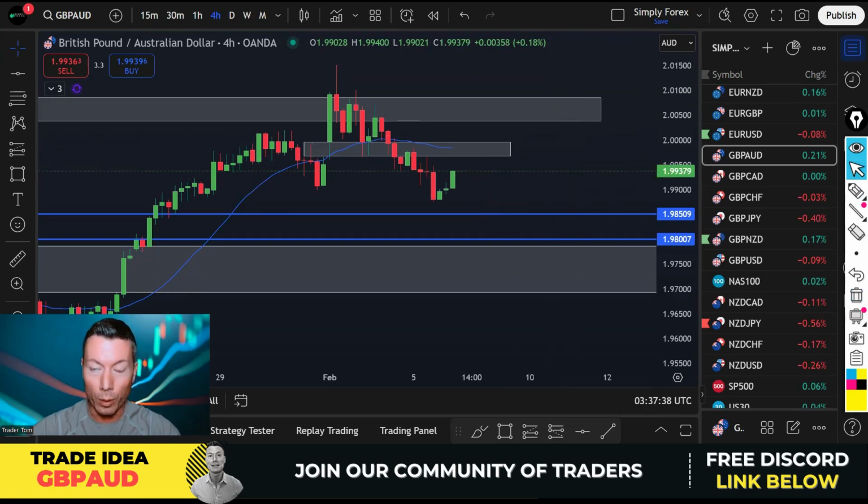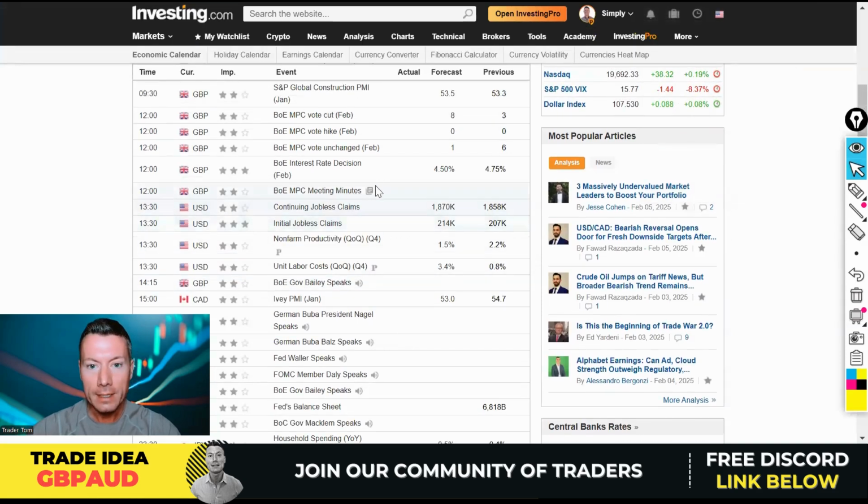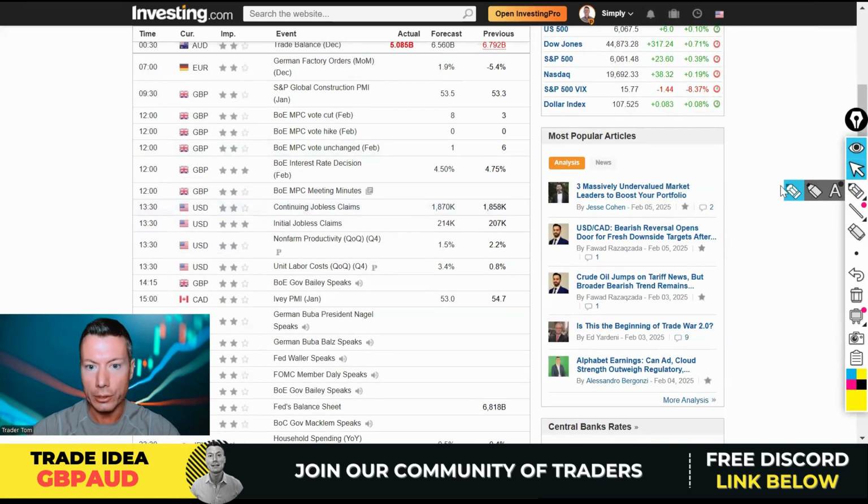Again, it's very much worth pointing out that we have the Bank of England interest rate decision. As you can see, guys, all of this coming out at midday London GMT is going to move the pound.